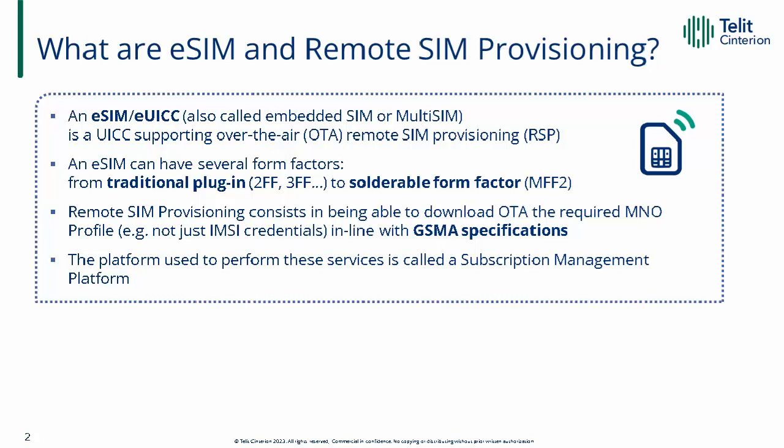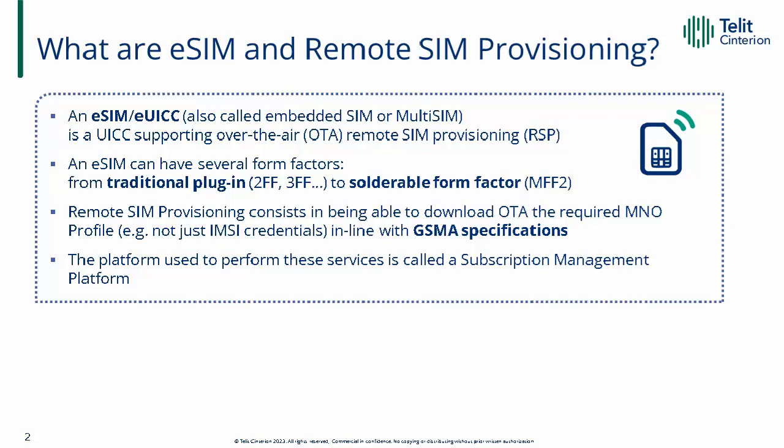So when we talk about the eSIM, most of the time, let's say we are referring to the technology actually that is eUICC. It's a way of getting multiple SIM profiles from different network operators into the same physical SIM card. So no matter what kind of form factor the SIM card is, it can be traditional plug-in SIM, like 2FF, 3FF, or maybe also known as micro SIM or nano SIM.